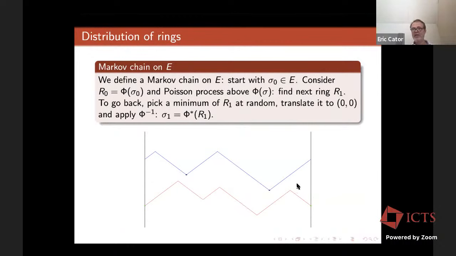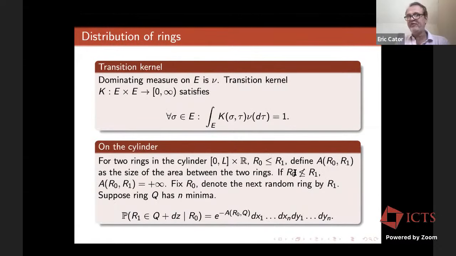There's a certain area in between, and the size of this area is called A. Now, if R0 is not completely below R1, then I call the area plus infinity, which is a little bit counterintuitive, but plus infinity means that e to the minus this thing is 0. So that's important. So that doesn't count. You want R1 above R0 and not crossing or below. That's why we have this definition that it's plus infinity.